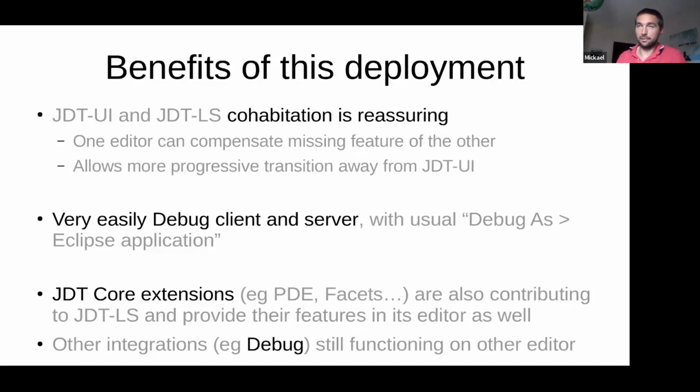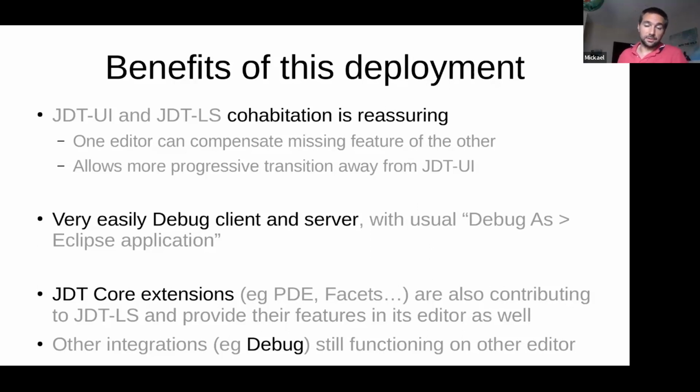You can do Java development. You can do plugin development without the current Java editor from JDT UI. So this integration keeps the whole historical ecosystem usable, which is a necessity for the sustainability of the project.